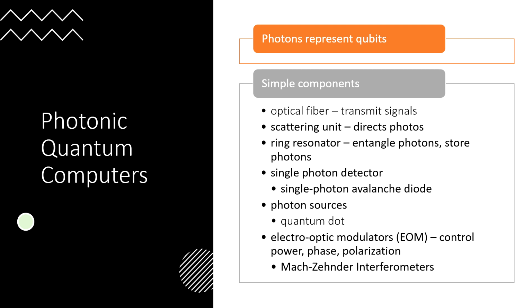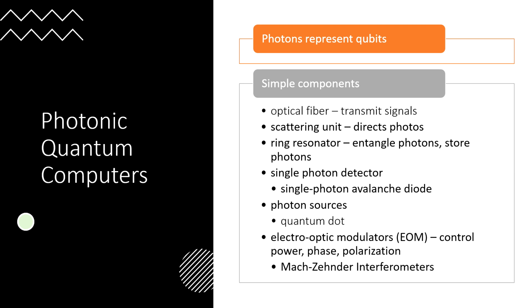Namely, optical fibers which transmit the signals. You also have scattering units that direct photons, and then you have ring resonators that can do multiple things: entangle photons or store them, so you can use them as memory.